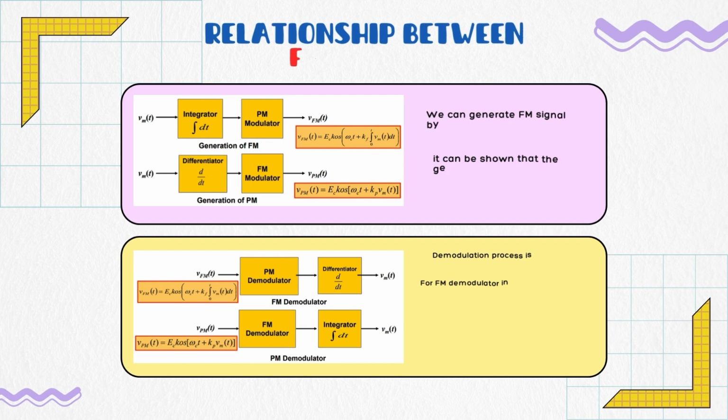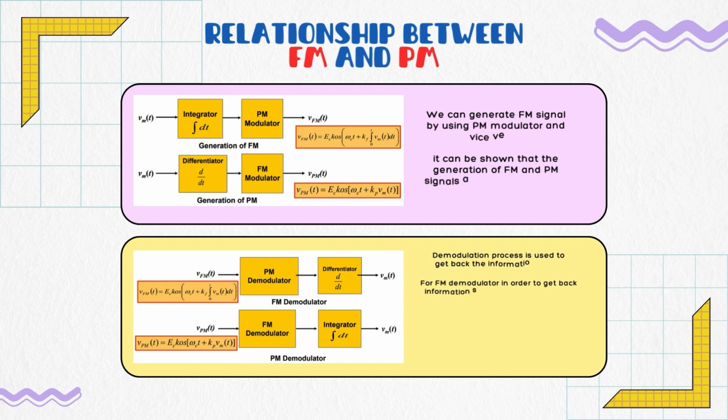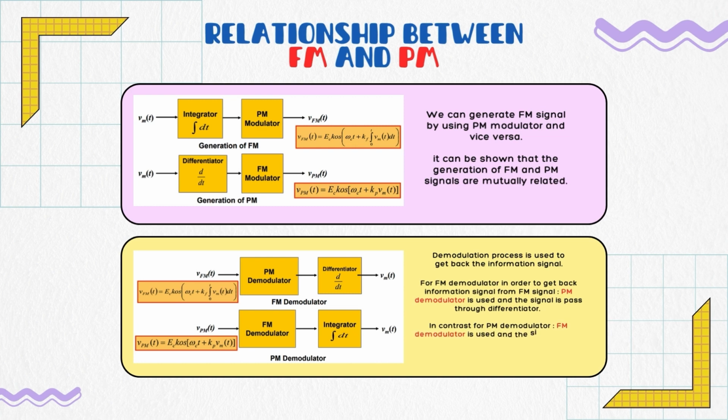Okay, now we can see the relationship between frequency modulation and phase modulation. We can generate an FM signal by using a PM modulator and vice versa. From the table, it can be shown that the generation of frequency modulation and phase modulation signals are mutually related.